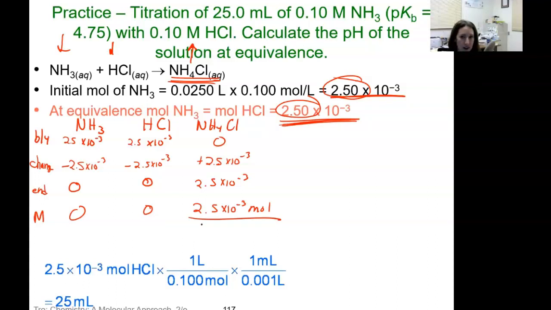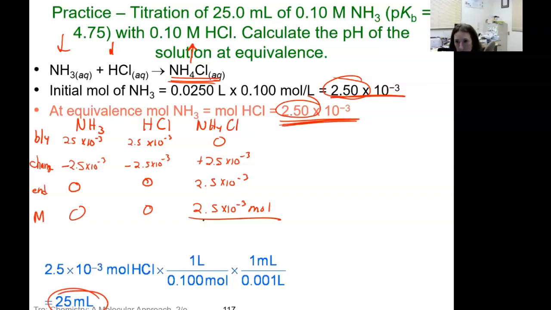Is it 25 milliliters? So I see some in the chat. Yeah, it's 50 milliliters, right? So it's 50 milliliters, not 25 milliliters, because we had 25 milliliters and we added another 25 milliliters. So now we have 50 milliliters.